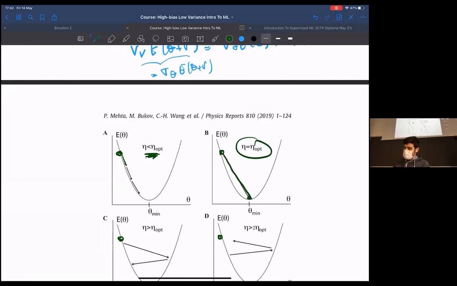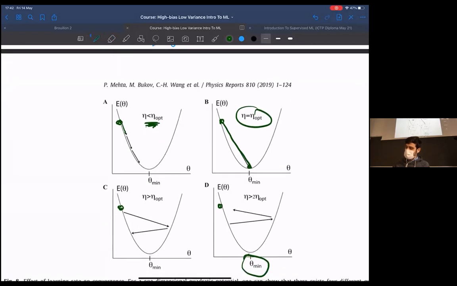Instead, if you have a learning rate which is higher than this optimal value, you have oscillations. You will never converge because you are doing too big steps, and so you are overshooting the minimum. You are always going too far from it. So you see there is a trade-off between speed, that is a high learning rate, and numerical oscillations.